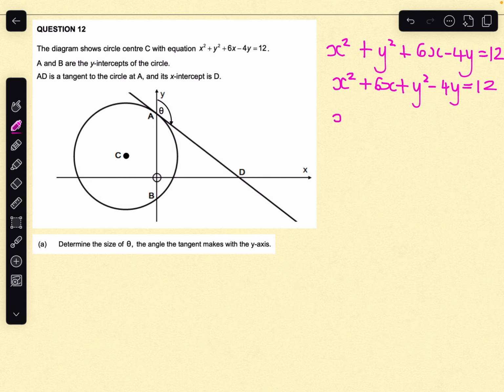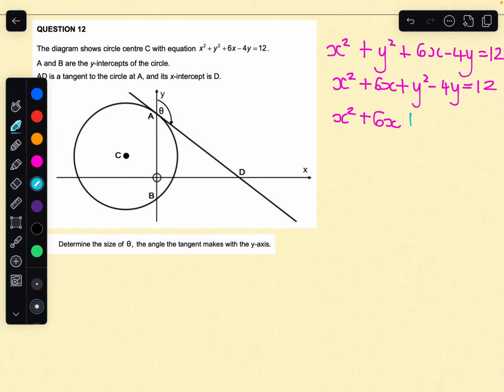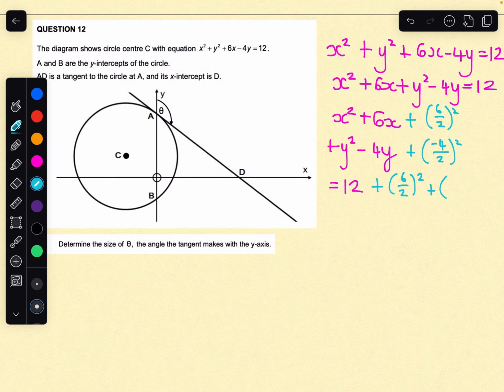And then we're going to complete the square for the x's, so that will be plus 6 over 2 squared, and then we have y squared minus 4y plus minus 4 over 2 squared is equal to 12. And we're going to add those same constants on this side to keep our equation balanced.